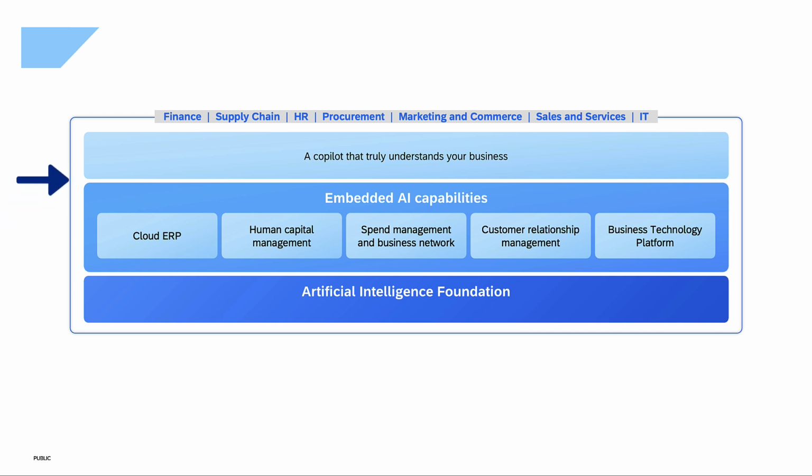Yet, to be able to interact, a co-pilot is required. This is the front end, the tip of our iceberg. This allows all the lines of business to benefit and use wisely artificial intelligence based on the solid foundation required.